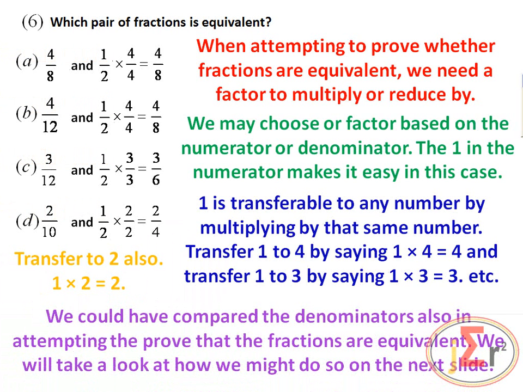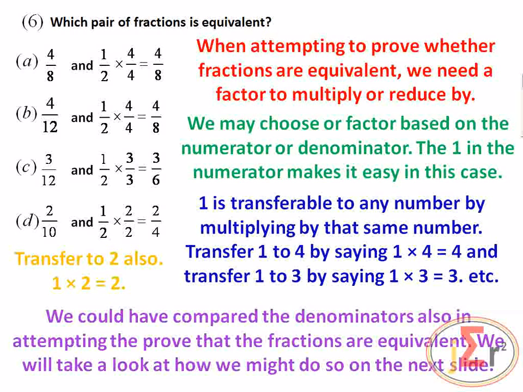We could have compared the denominators also in attempting to prove that the fractions are equivalent. Because we can compare the numerator, we can also compare the denominator. So what we did just now is make use of the fact that to transfer 1 to something else by a multiplication by a particular factor is very easy.